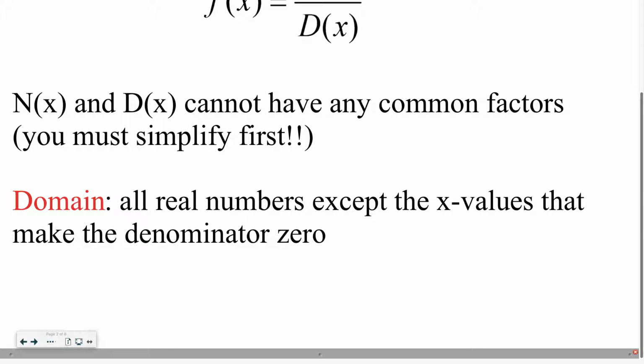Okay. We will also identify range, but we can't identify range all the time until the graph is in place. Sometimes we can do it before, but most times we'll just wait until we have the graph.